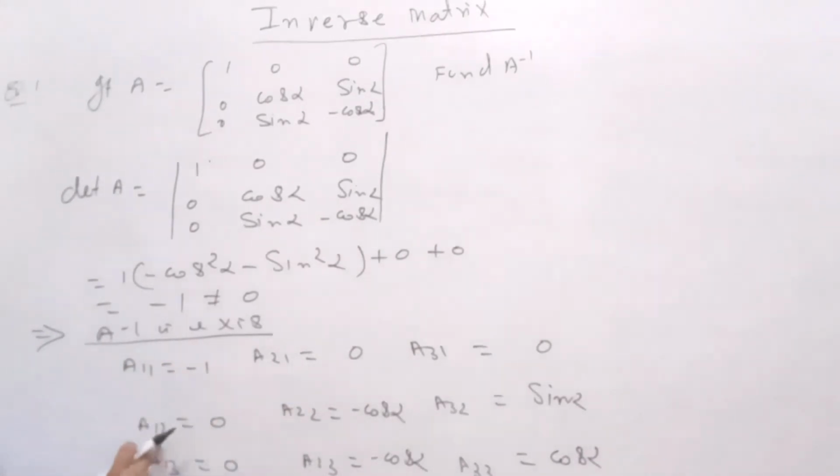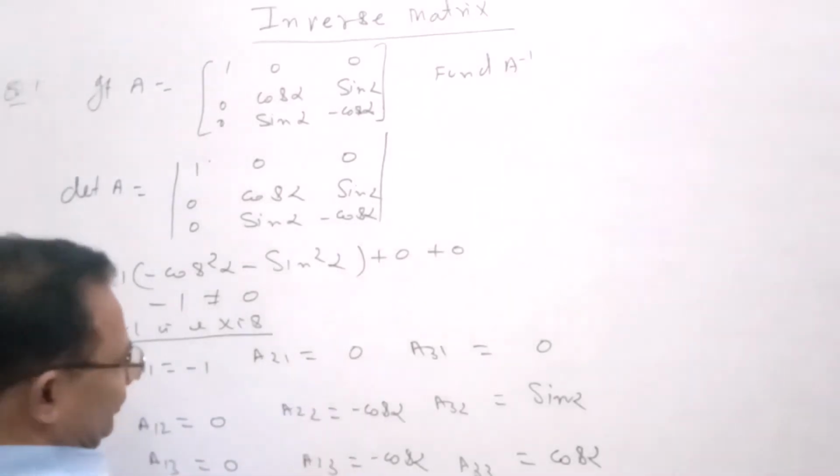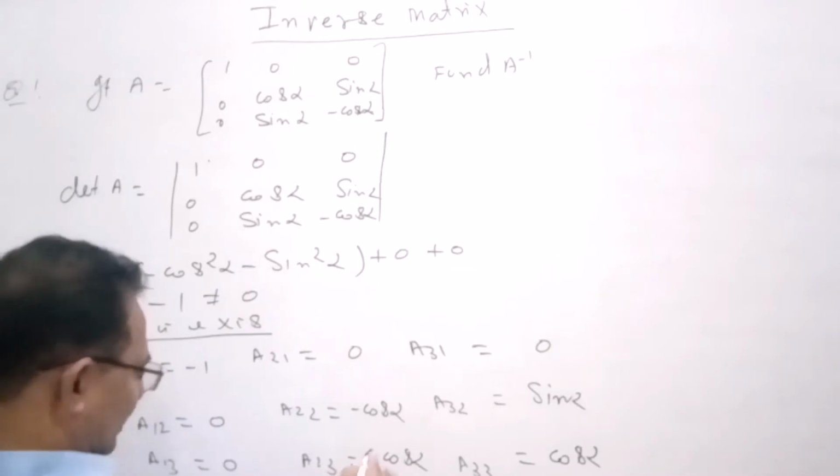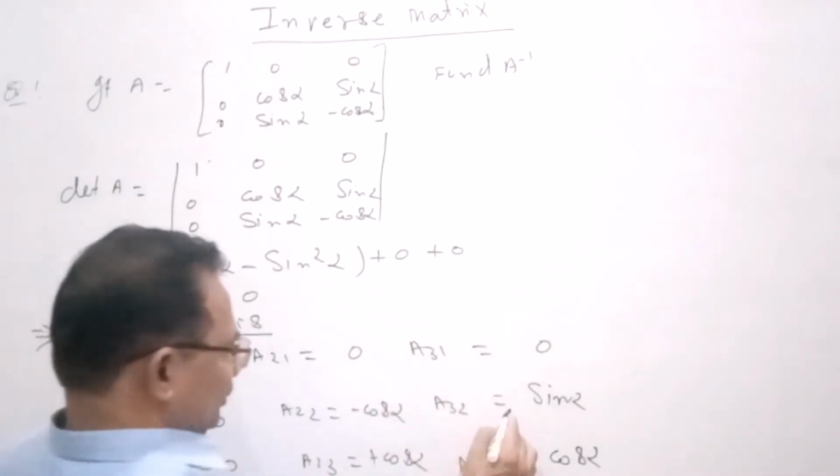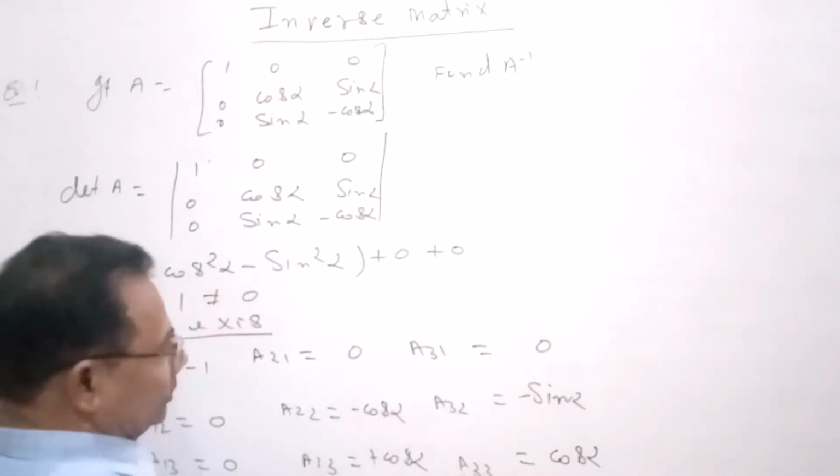1 1 no change, 1 2 change, no change, that is change, no change, that is change, plus 3 1, 3 2, that is minus, and 3 3.